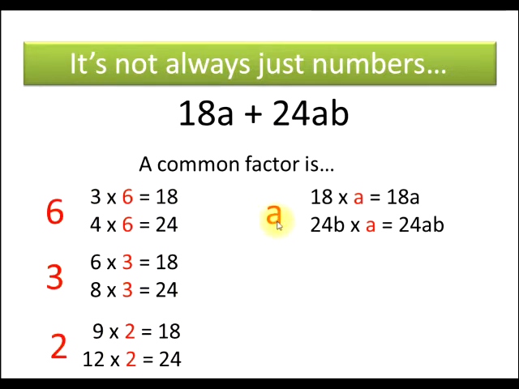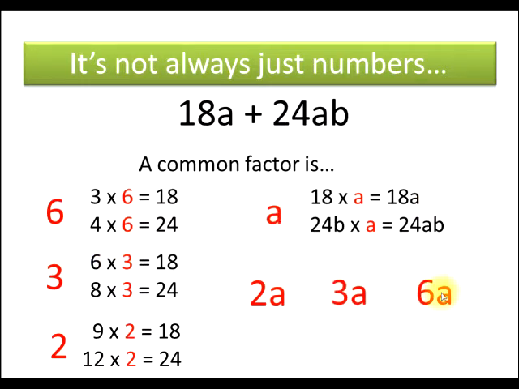So if we can take an A and a 2, we get 2A. So 2A times 9 would make 18A, and 2A times 12B would make 24AB. And we can combine it with the 3, and we can also combine it with the 6.